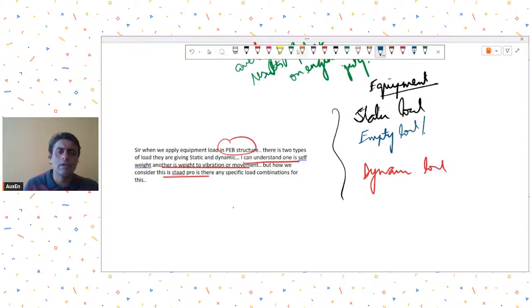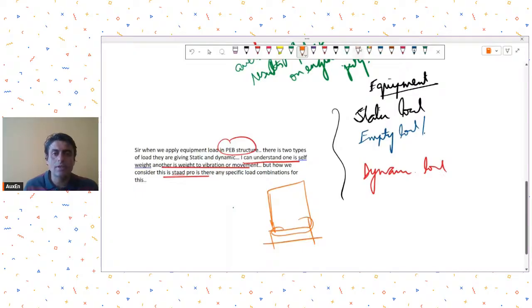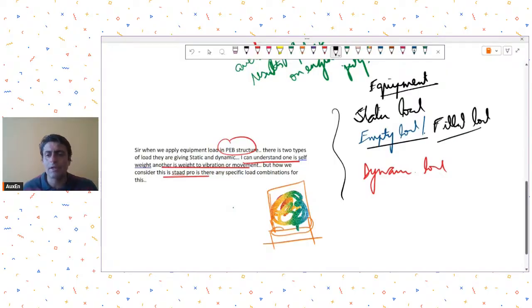Let's say the equipment is some sort of a rotating equipment where it takes in some contents and then it rotates. So there are some contents that get filled and then it rotates. Your equipment supplier will give you that empty load, then it will also give you the filled load, if applicable. And then it also gives you some dynamic loads.